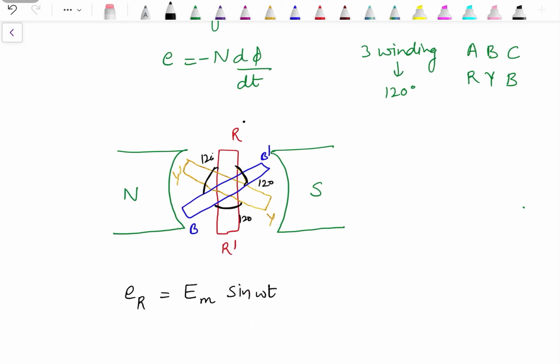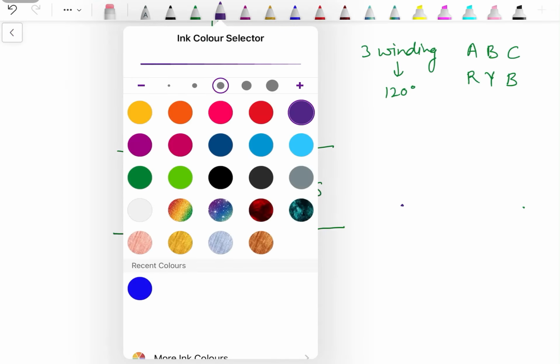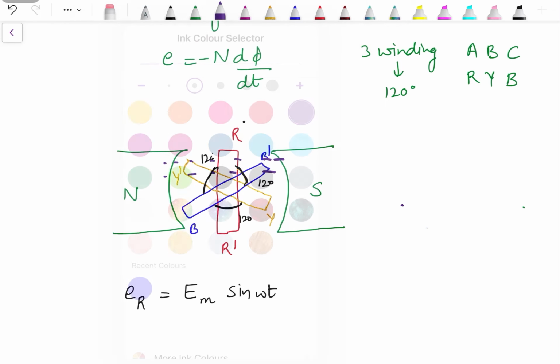Why sin omega t? Because the flux linkage with these coils is dependent upon the position.